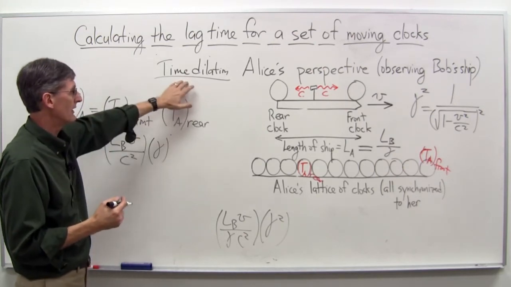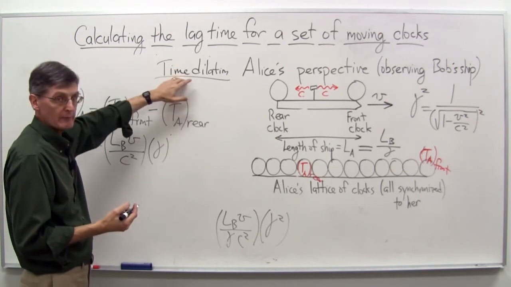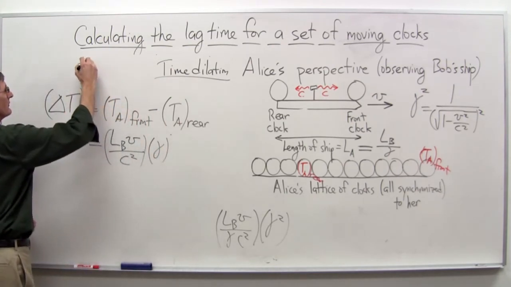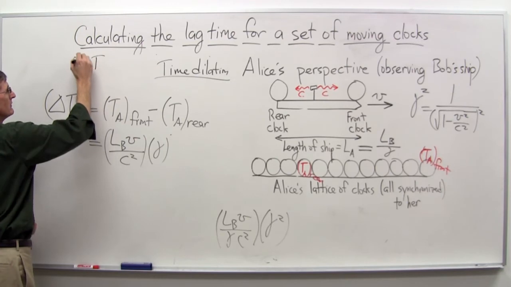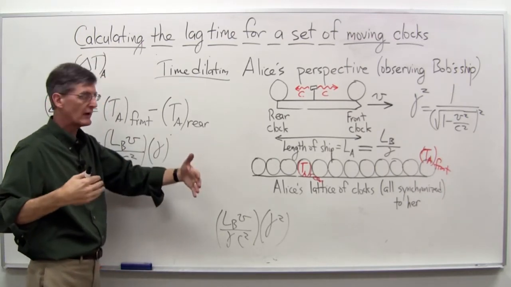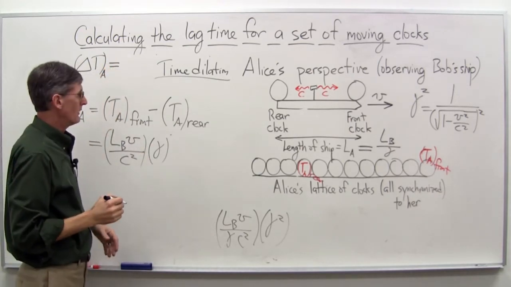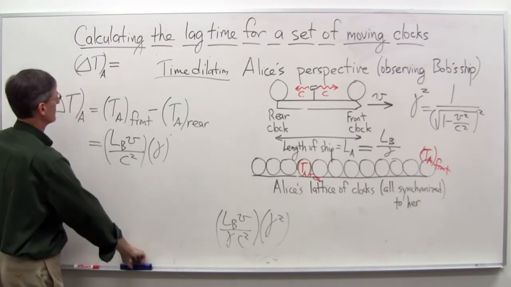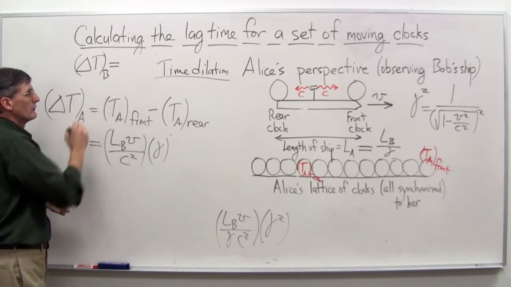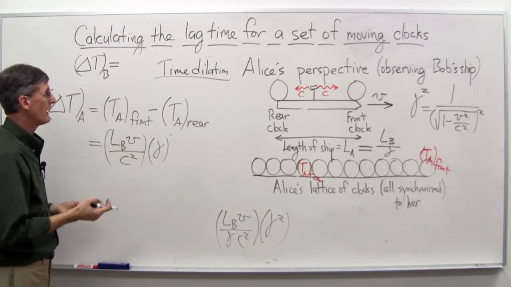And that time dilation factor, again, is gamma, and it's going to be 1 over gamma, right? Because, again, one way we can write this is, for Bob's clocks, a time difference is going to be smaller than for Alice's clocks.